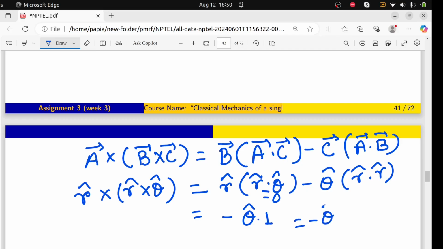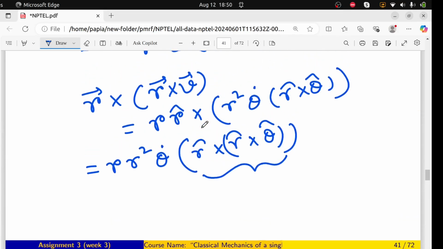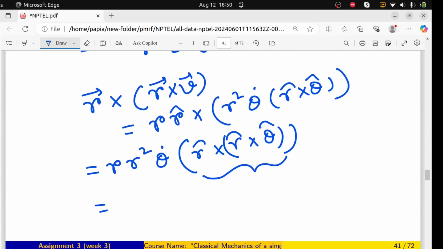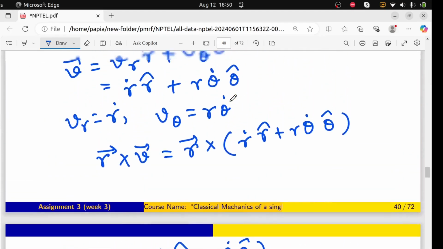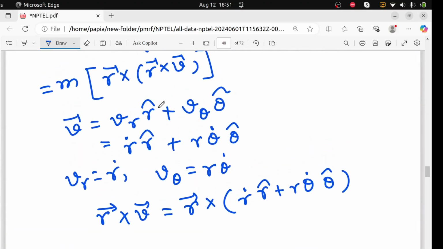So it is minus theta cap. So I can write it like r cube theta dot theta cap. Now I had another m left. Yes, here m is there.